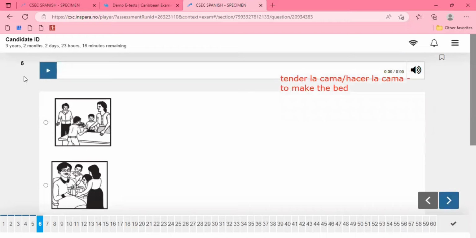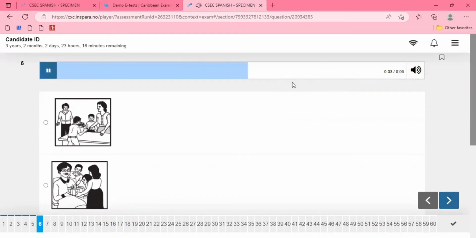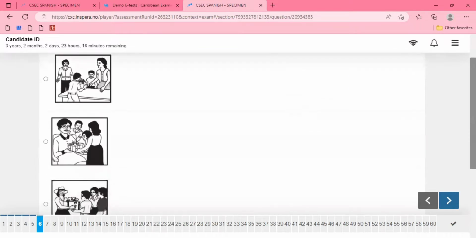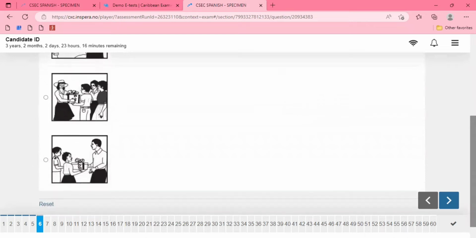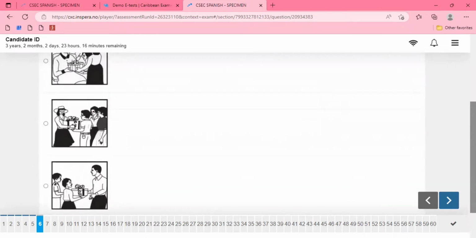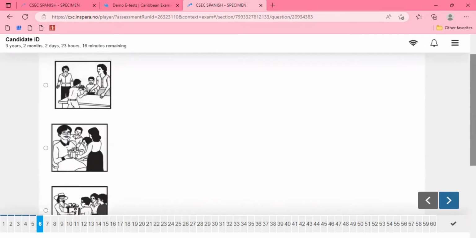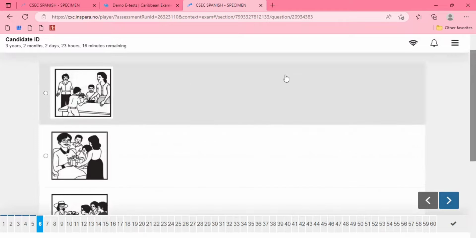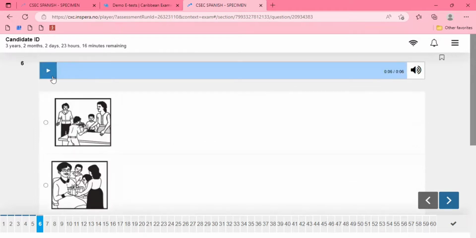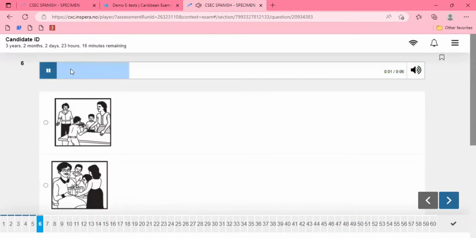Moving on. Pregunta 6. "Ellos miran mientras que ella le entrega el regalo." Pregunta 6.